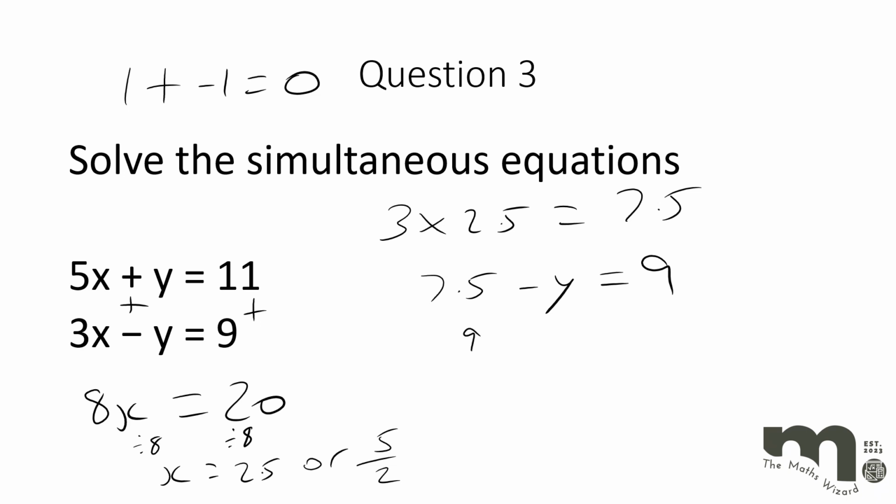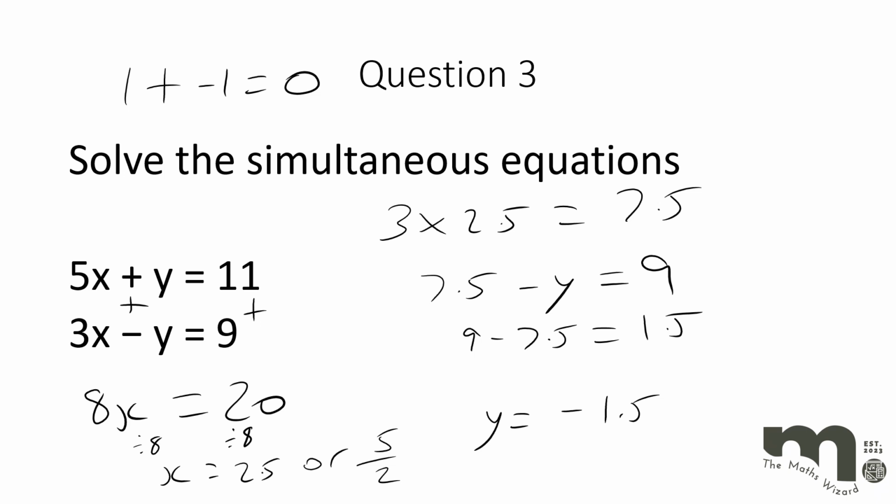So if we do 9 take away 7.5, that's 1.5. Now 7.5 is lower than 9. So if we're going to subtract anything from it to make 9, we've got to make that a negative number. So y will actually be minus 1.5 for that one.